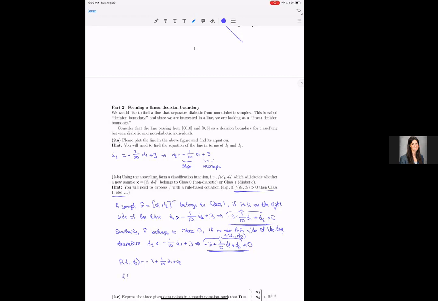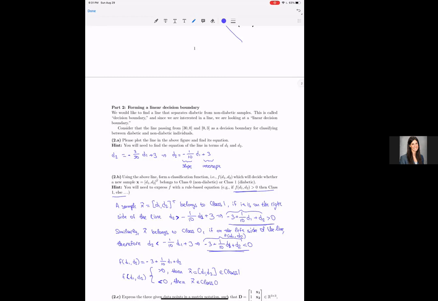So if f of d1, d2 is greater than 0, then x belongs to class 1. Otherwise, if f of d1, d2 is less than 0, then x belongs to class 0.